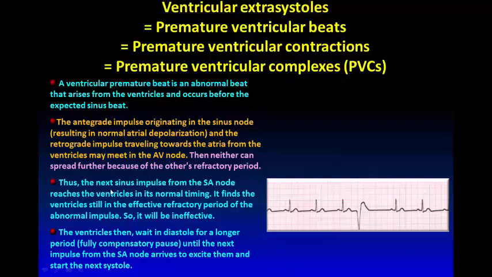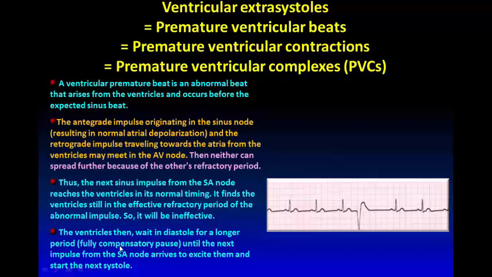Accordingly, the next sinus impulse from the SA node reaches the ventricles in its normal timing, but it would find the ventricles still in the effective refractory period of the abnormal impulse. So it will be ineffective.